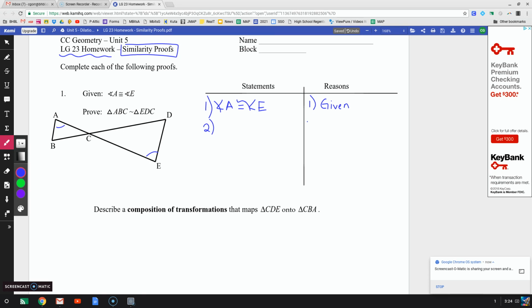Number 2, so now to prove that my two triangles are similar, I'm looking for two sets of angles. So what I can see right here is my famous bow tie. We'll call these angle 1 and angle 2. And we'll say that angle 1 is congruent to angle 2 because vertical angles are congruent.